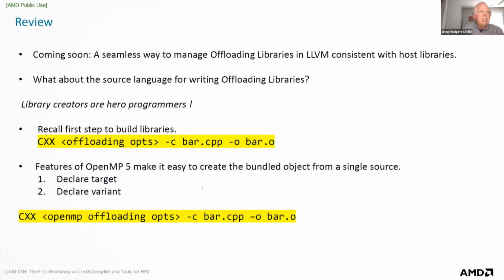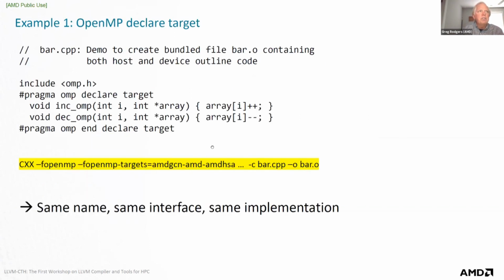So without getting into too much detail, I'm just going to show you these two examples. This first one here, we're just using OMP declare target. In this case, we have the same name, the same interface for the users for the DAXPY, and it's the same implementation. For both the CPU and the GPU, you're going to compile this function increment OMP, and it's going to take an index and increment that array index by 1.